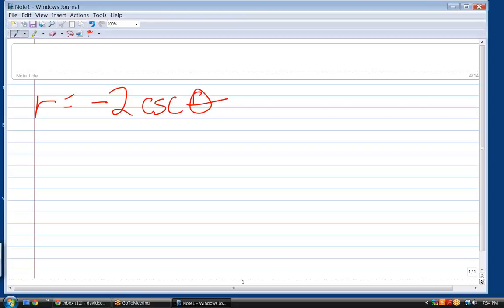When we're talking polar versus rectangular, there's three very important equations that you need to use to switch. First of all, you have x squared plus y squared equals r squared.